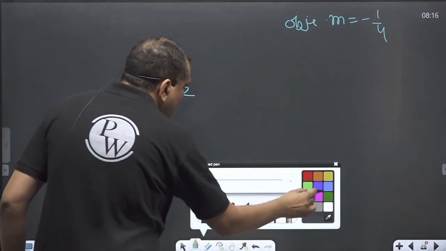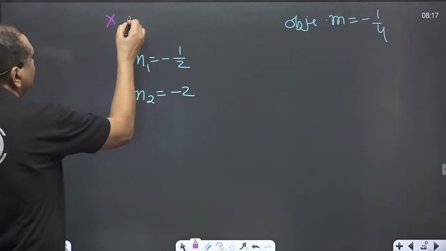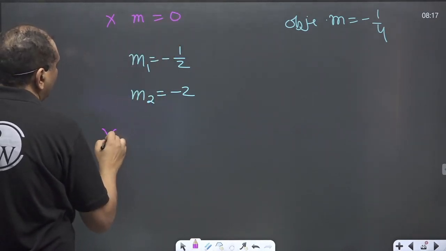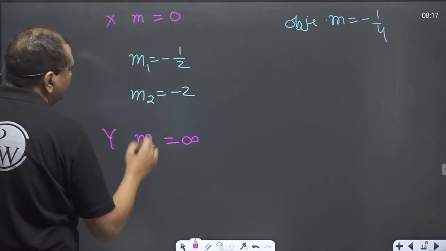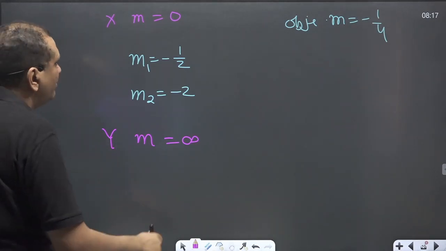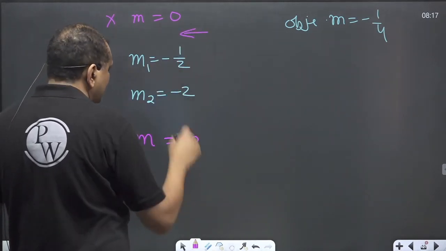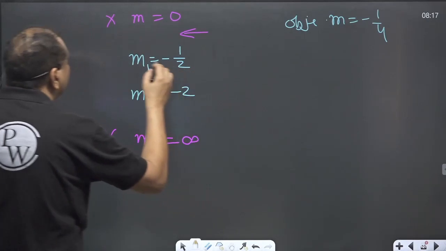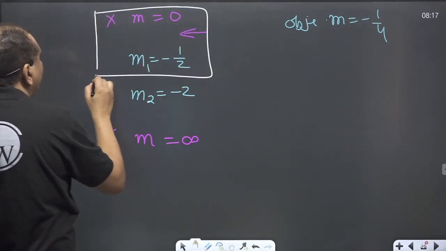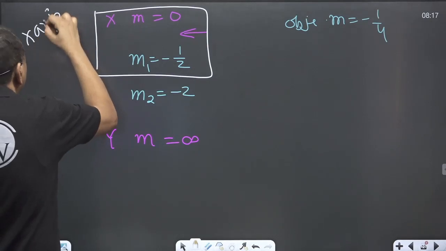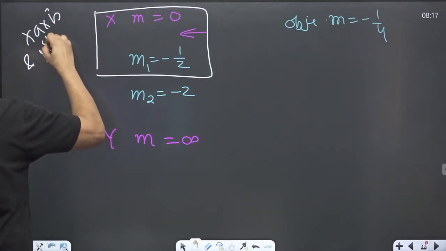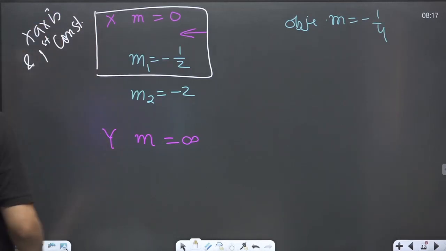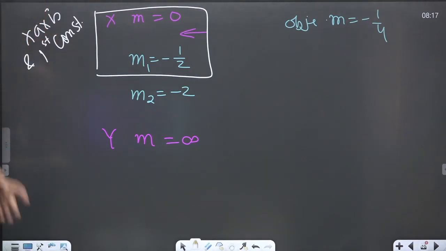You should remember that the x-axis has slope 0 and the y-axis has slope infinity. So minus 1 by 4 is appearing here. So you know what is my conclusion? My conclusion is my optimum point will be the intersection of the x-axis and the first constraint.